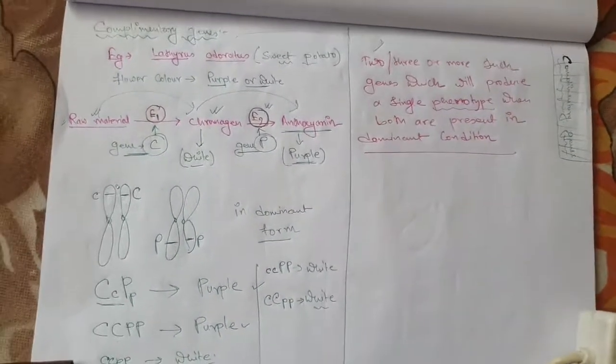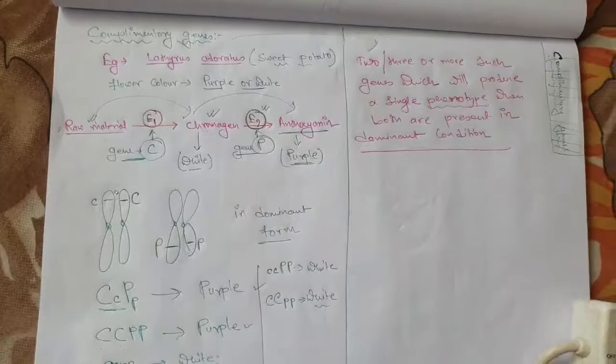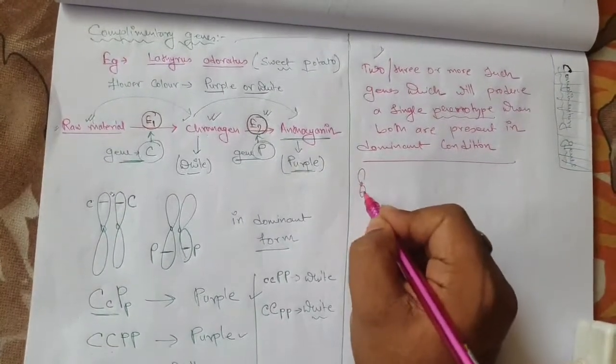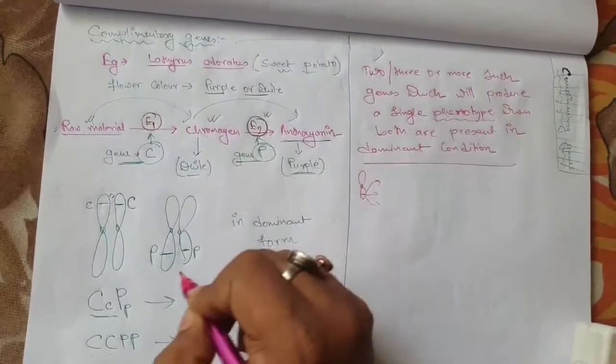Okay, please don't confuse it with pleiotropy. In pleiotropy, one single genetic location controls different phenotypes.